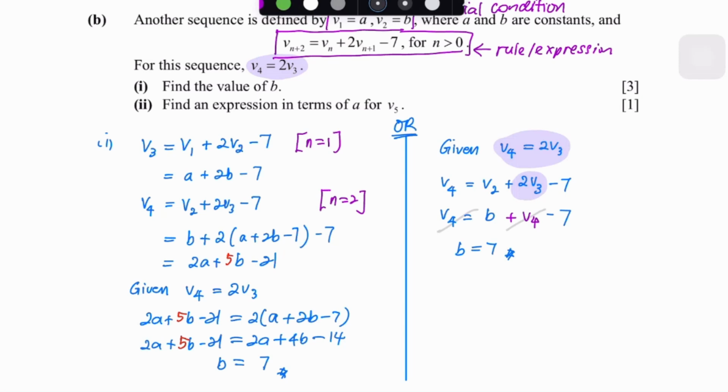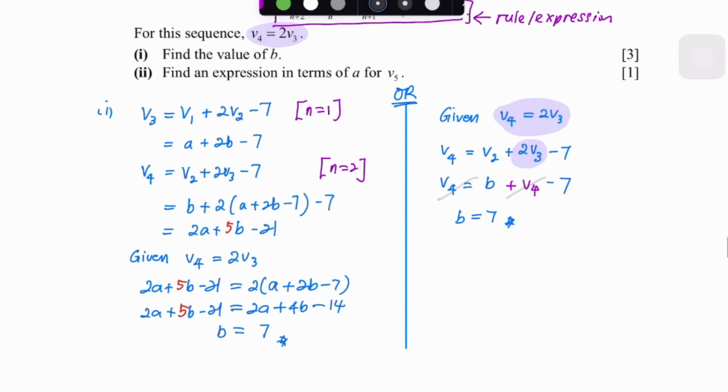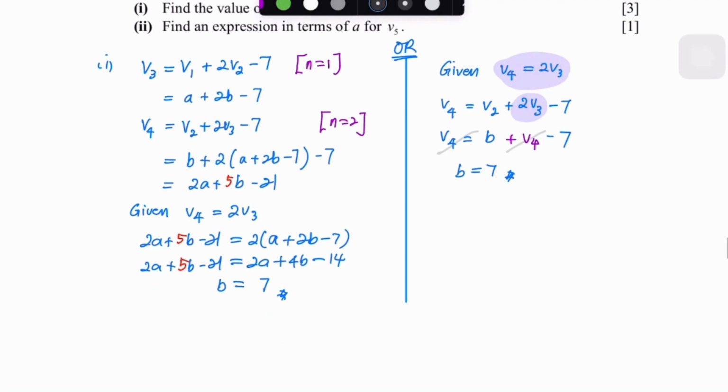Part two, find an expression in terms of A for V5. Okay, so what is V5? If you have already done this, you already saved the expression for part two. Otherwise, you need to do one by one to get V5. For part two, what is V5? You need V3 and V4. So this will be A plus 14 minus 7, so this will be A plus 7.